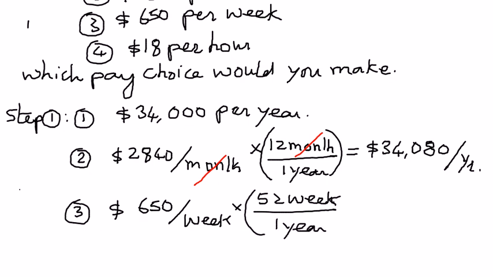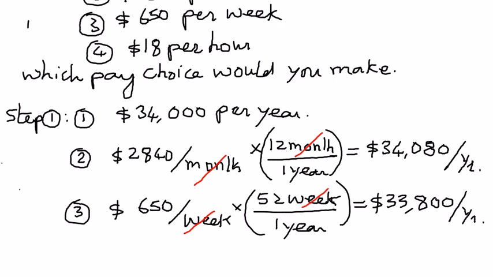Therefore, when we simplify this, the weeks in the denominator and the weeks in the numerator cancel out. 650 times 52 gives us a value of $33,800 per year. That is the amount of money we're going to make per year if we are paid $650 per week.